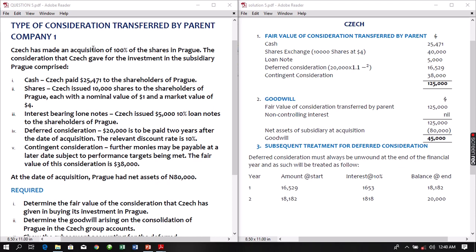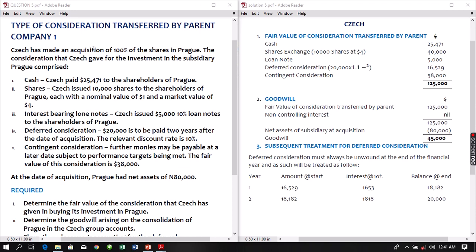3. Interest-bearing loan note. Czech issued $5,000 10% loan note to the shareholder of Prague. 4. Deferred consideration. $20,000 is to be paid 2 years after the date of acquisition. The relevant discount rate is 10%. 5. Contingent consideration.